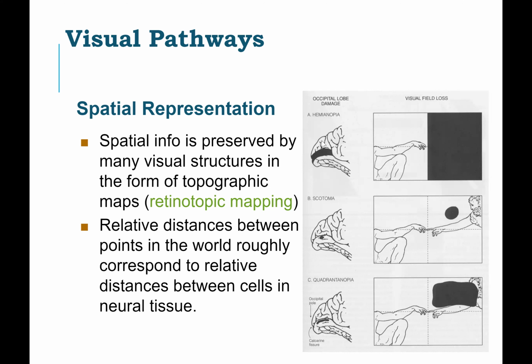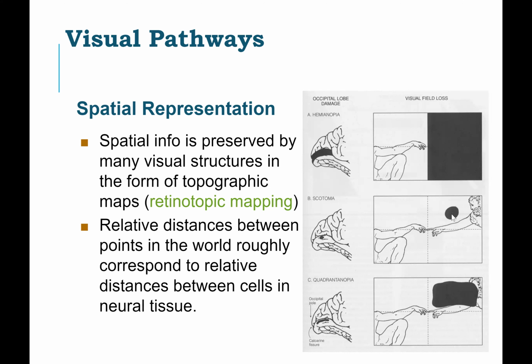That means that, let's say this is the visual cortex, and you lesion a specific area of that. That lesion causes blindness in the visual world. If you now spread this lesion, you see that the blindness also spreads around the original point.